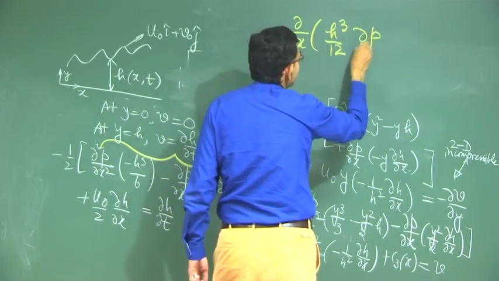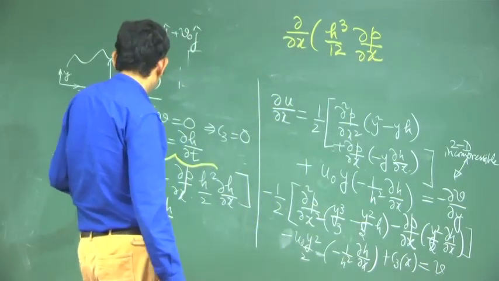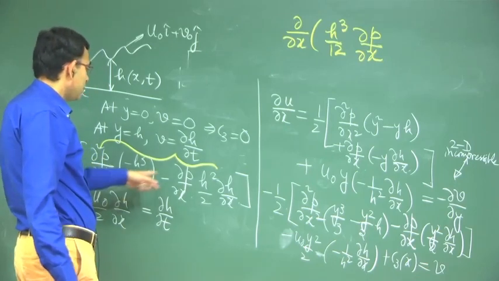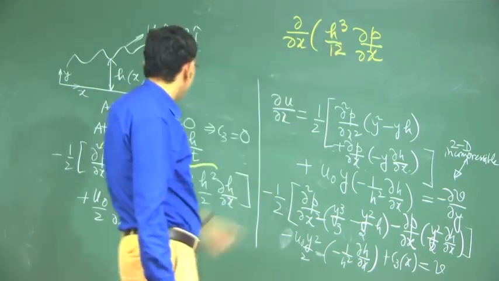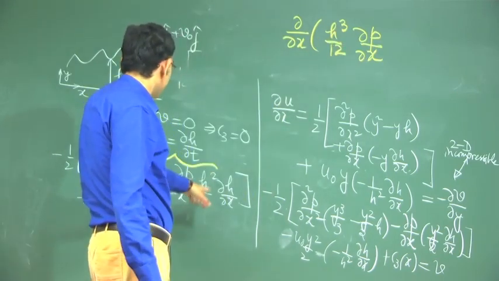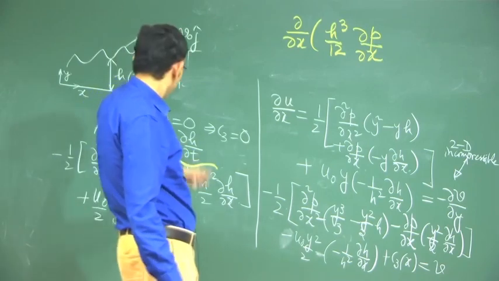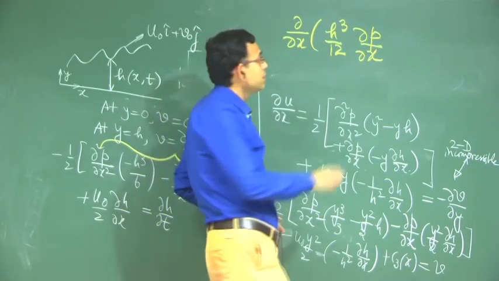So this is the first term, and the second term you consider is 3h square by 12, that means h square by 4. These 2 and these 2 come together, so these two terms clubbed together is this, right.